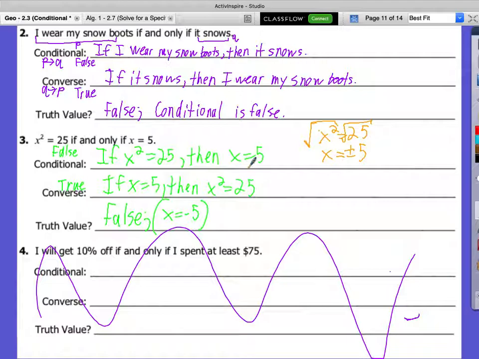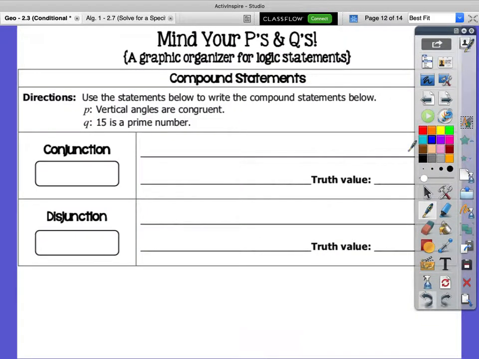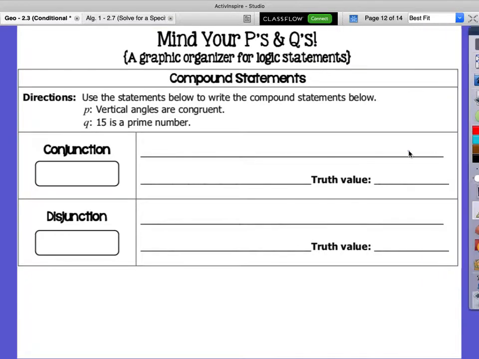Let's flip the page. So this is a graphic organizer to help us out. We went over a lot of different things with our P's and our Q's. First, you have these statements. P: vertical angles are congruent. Is that true?